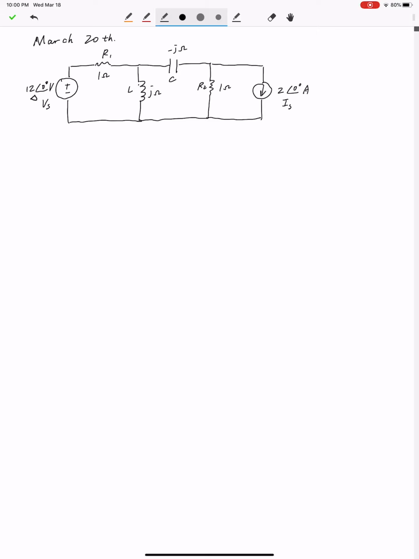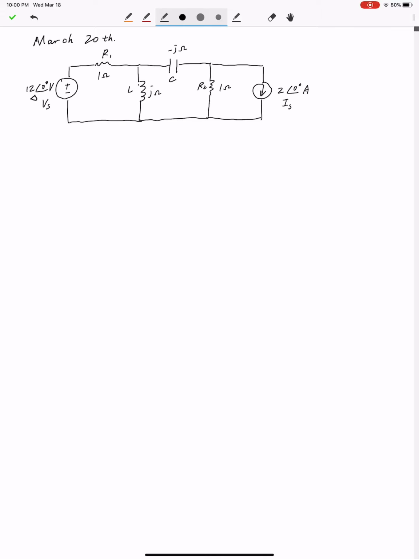We have two resistors. The first one, named R1, has 1 ohm. The second one, R2, has 1 ohm as well. One capacitor, minus j ohms, and one inductor, j ohms. So just like the example we had in the last class, all components are presented as impedances and all sources are given as phasors.